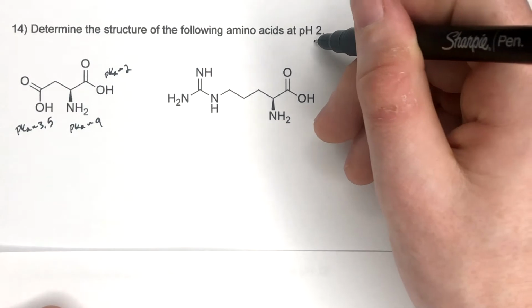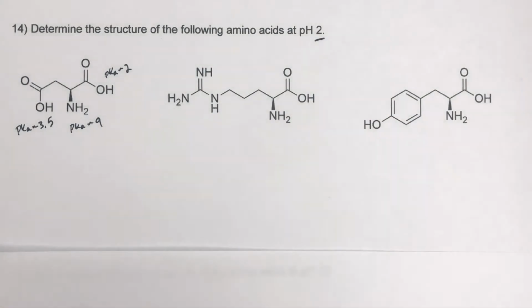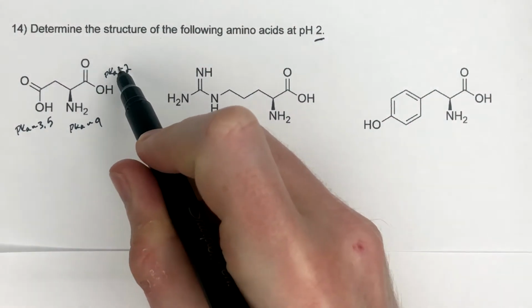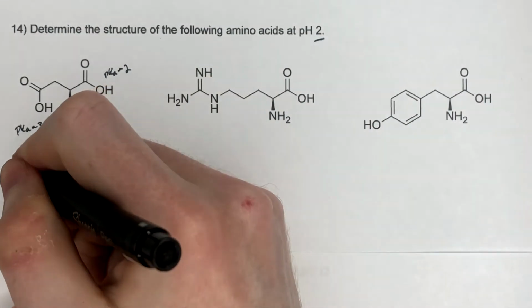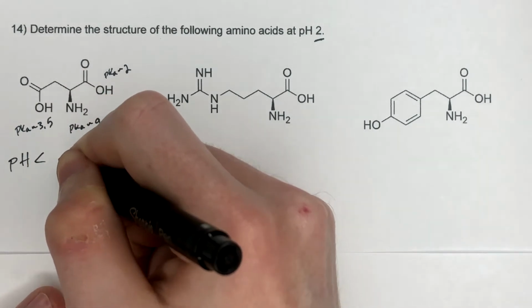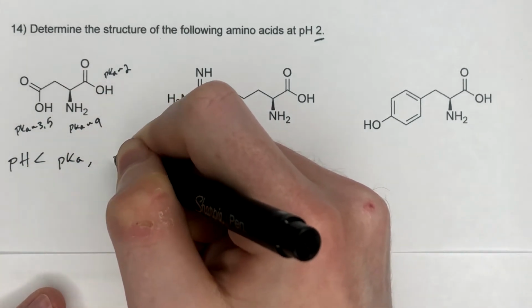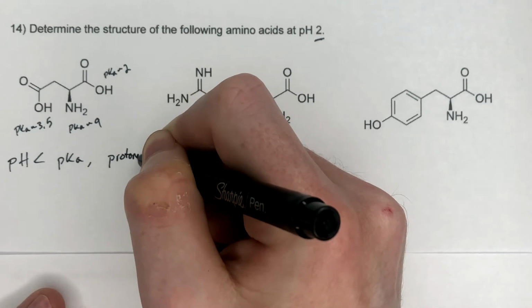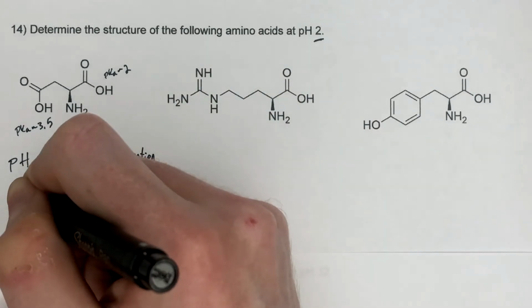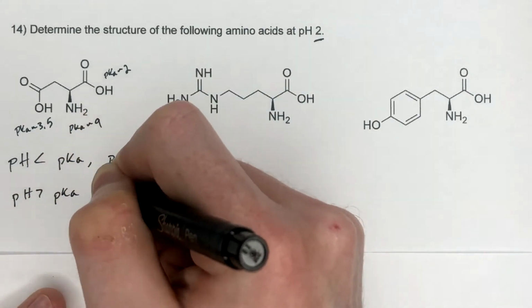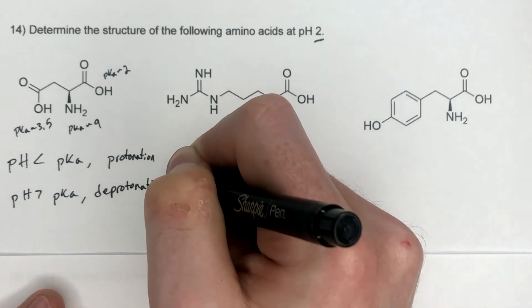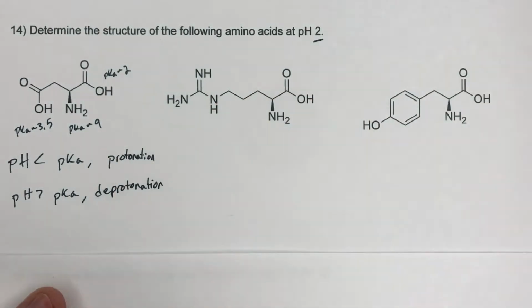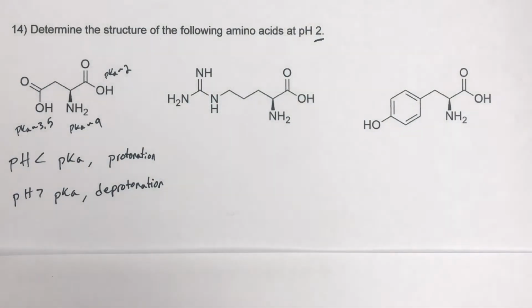So at a pH of 2, this is somewhat ambiguous because it's unclear if this is going to be considered fully protonated or not. So the main rule that you need to know here is that at pHs less than your pKa, you're going to have protonation. At pHs greater than your pKa, you're going to have deprotonation. So at a pH of 2 with a pKa of 2, you're going to have some protonation, some deprotonation.